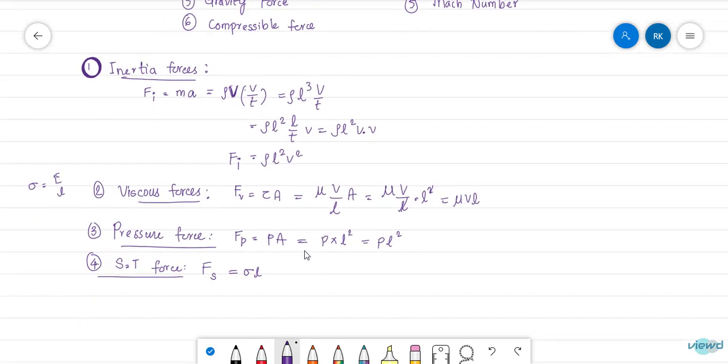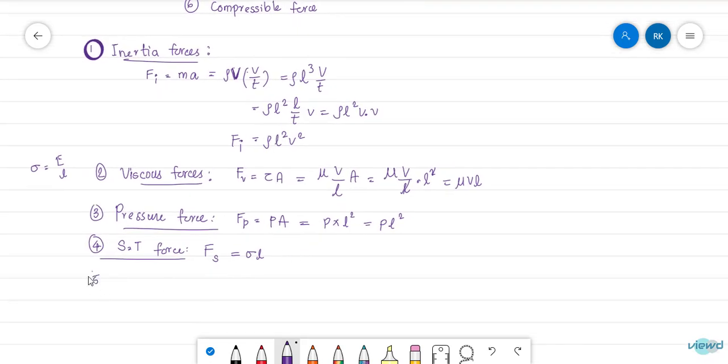Next, gravity force. Gravity force is nothing but weight. Gravity force Fg is equal to m into g. Next is compressible force.